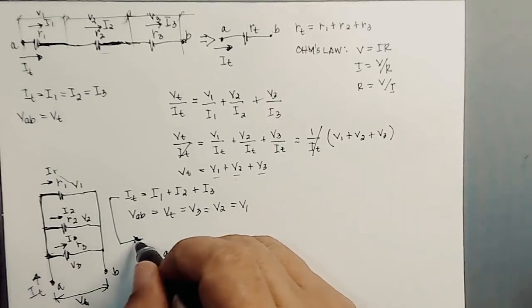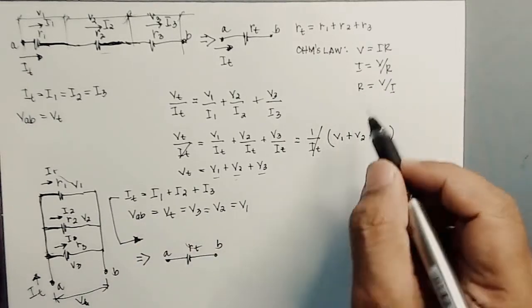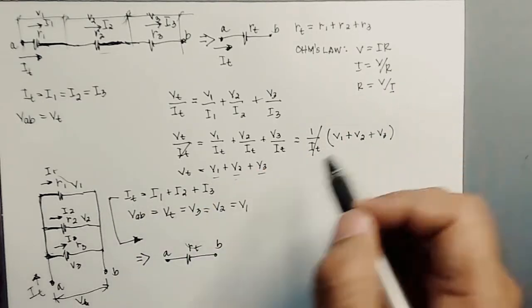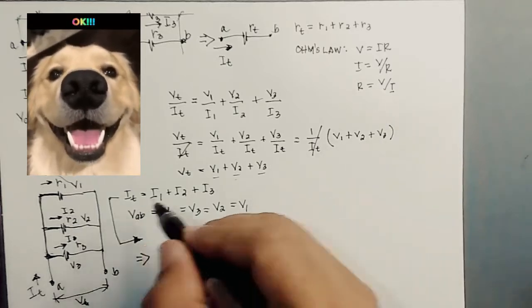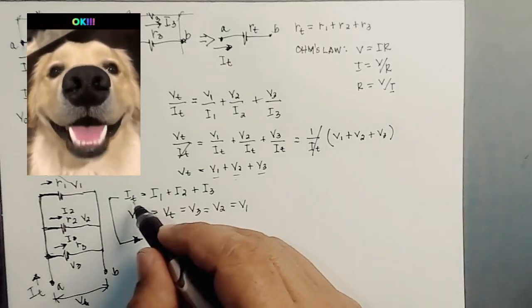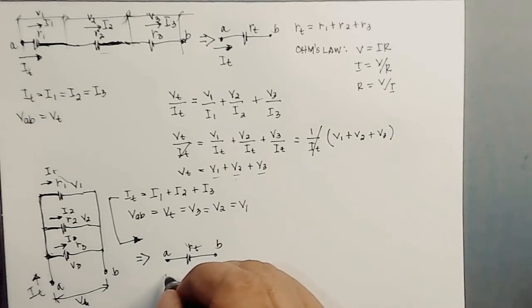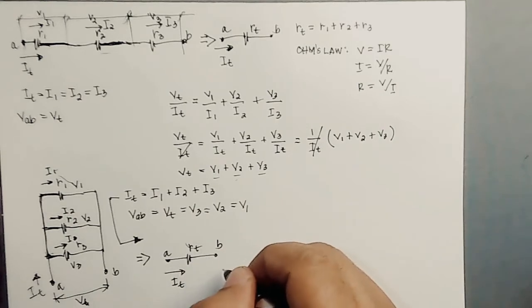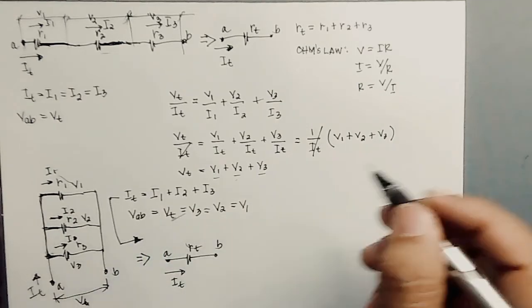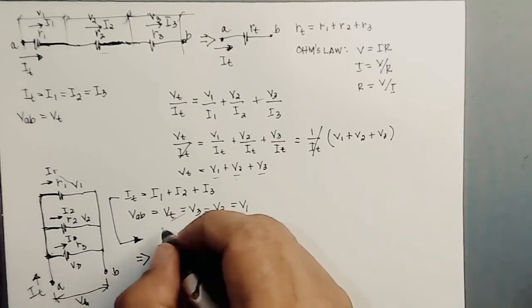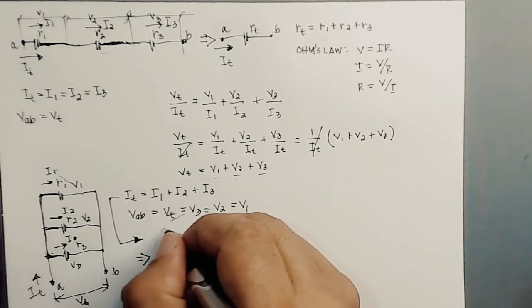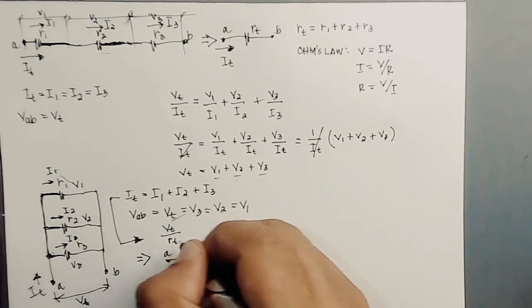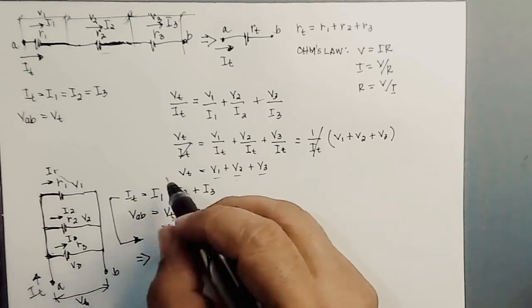Using this relationship and also Ohm's law, we can solve for the current by using the other variables, the voltage and the resistance. For the total current, okay, so by the way, the current here also is I sub T, and the voltage V sub AB here is actually V sub T. So we say that I sub T is V sub T over R sub T, which is equal to the sum of the branch currents.